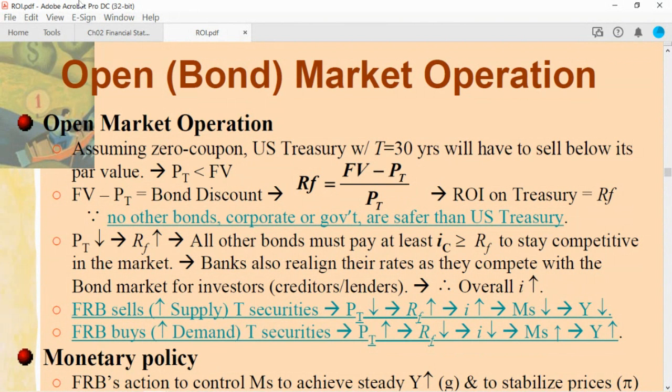Now think about it. If they say bond prices are up, it sounds like a good thing. Obviously, that means the bond market is booming. But then, if the bond market is booming, why is the interest rate down?